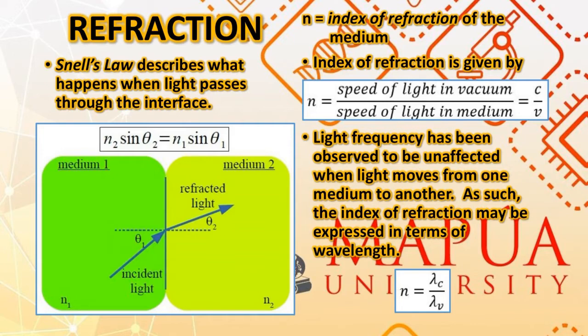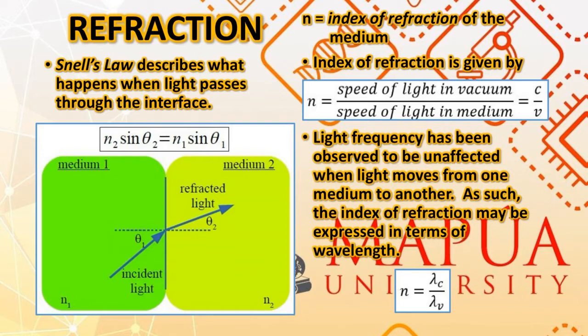When light passes through the interface or the border between two media, again, you have medium 1 and medium 2, the angle with respect to the normal line changes. From theta 1, the angle becomes theta 2. Theta 1, angle of incidence.